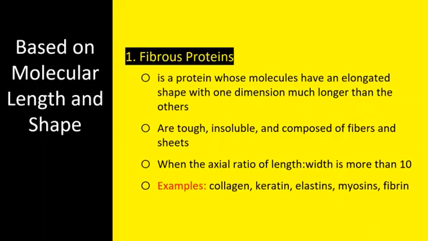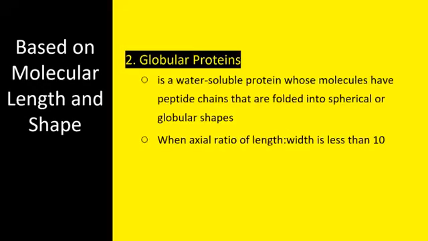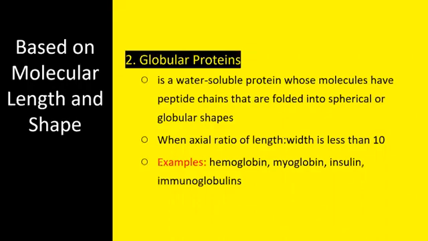They are elongated in shape, with one dimension much longer than the others. The second one is the globular proteins. This type of protein is water soluble, and examples are hemoglobin, myoglobin, insulin, and also immunoglobulins.